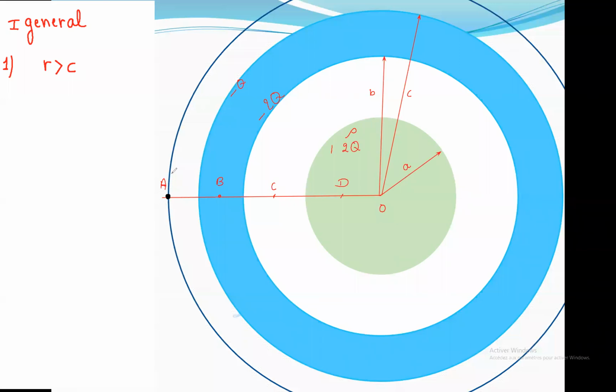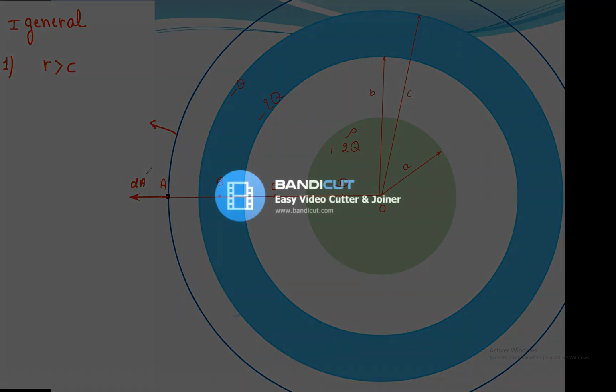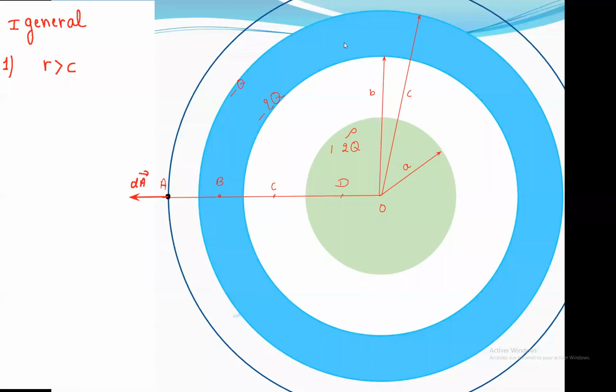This is a general case. It's important to write this information before starting the calculation. As you see, this one is the Gaussian surface, and dA must be perpendicular to this surface at any point. This one is dA. The outer surface of the shell is negatively charged, so here we have negative.